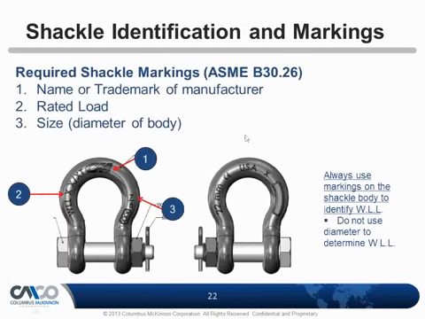And so what is required by ASME, the industry standard B30.26: name or trademark of the manufacturer, and you can see in number 1 there, the CM logo. You should know who it's made by, a reputable manufacturer. I've seen shackles out there that say China, and that's it. I'm sure China is not the manufacturer of that shackle, so who do you go to when you need technical information or something happens?